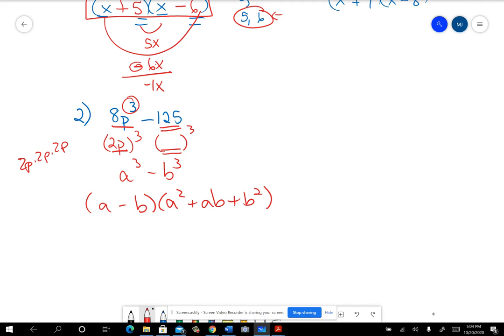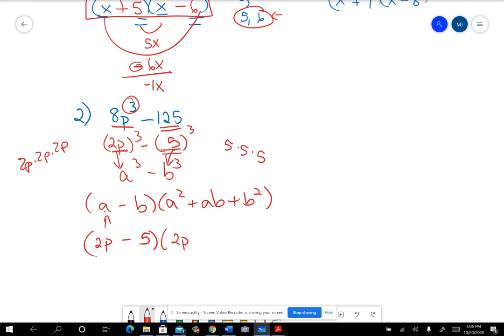Okay. And then 5 to the third is where the 125 came from. And then, of course, it has a minus there. Okay. So that means everywhere you see an A, you're going to put 2p. Everywhere you see a B, you're putting a 5. So this should be 2p minus 5.